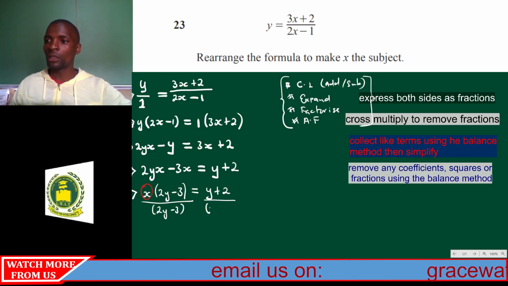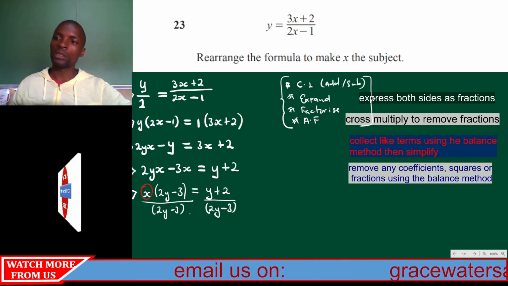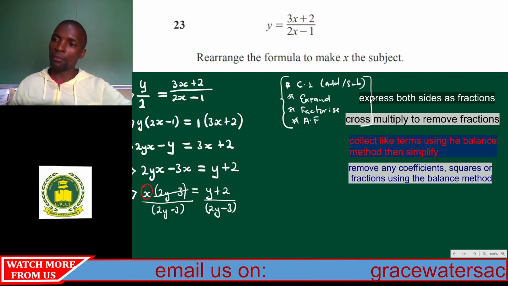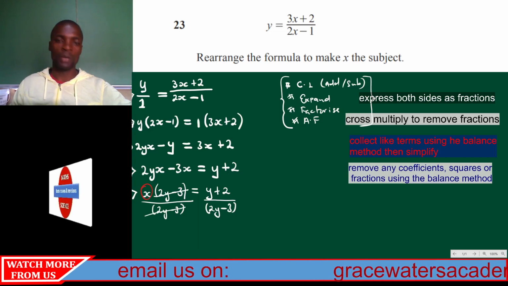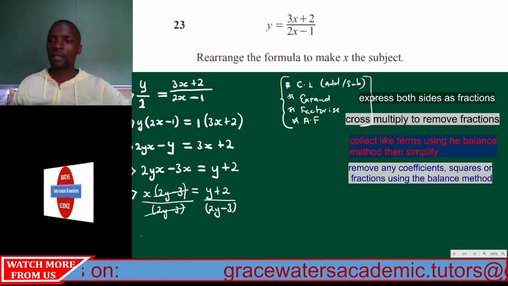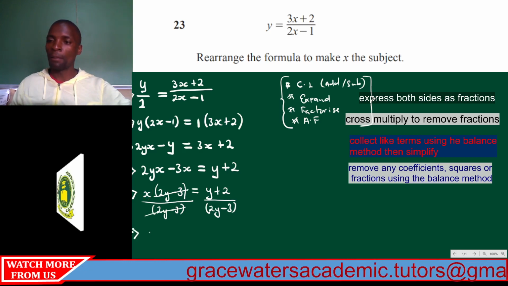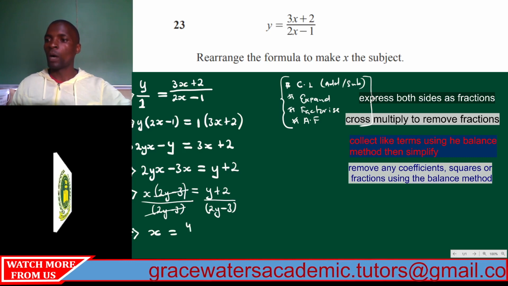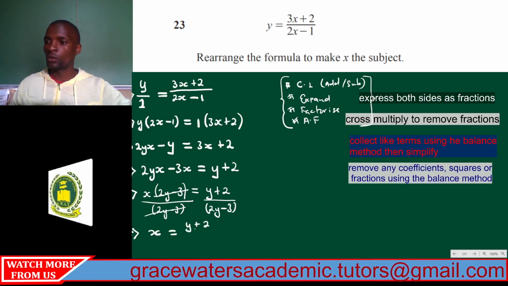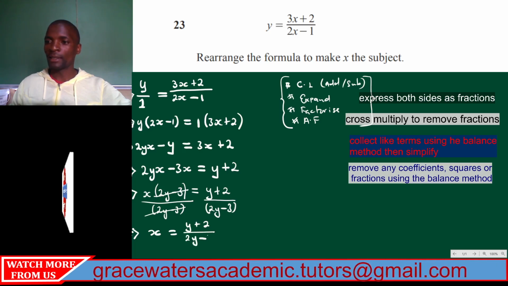So we divide this one 2y minus 3 also to this side, so that now the bracket on top will cancel the bracket at the bottom, and then you get your answer. Having cancelled these, you would find out that your answer is going to become x is equals to y plus 2 all over 2y minus 3.